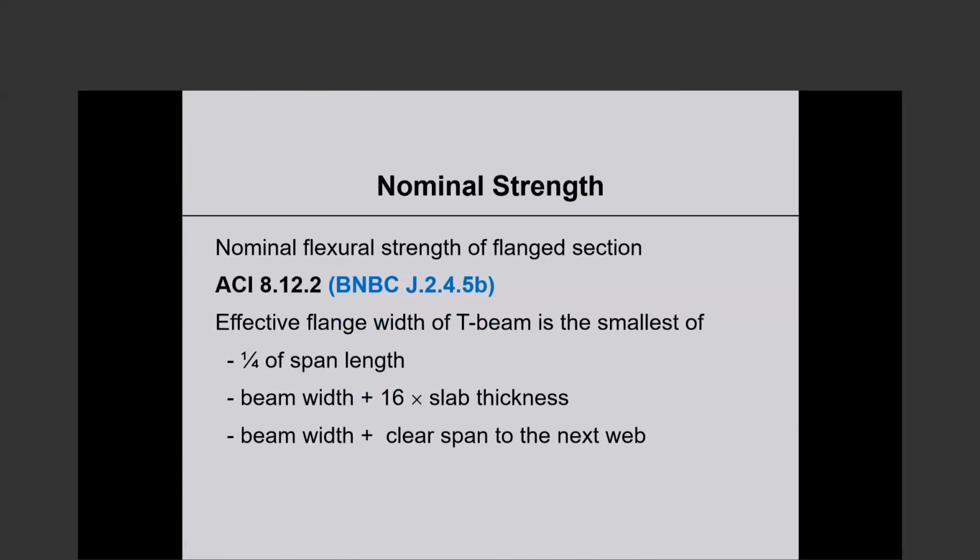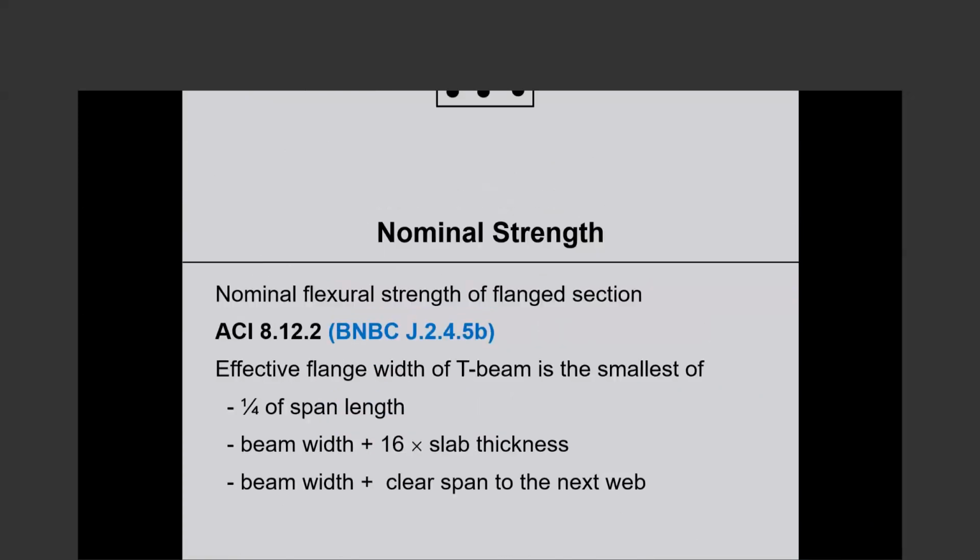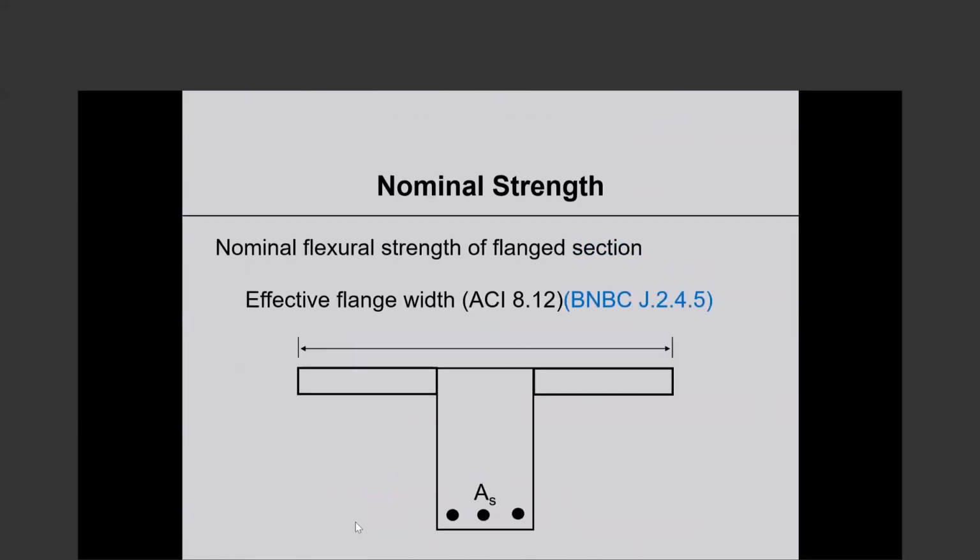Number 3, beam width plus clear span to the next web. So on either side, so the beam width, and we go halfway to the next beam. So from here to there, to the face of the next beam, let us say we have a distance of 8 meters.